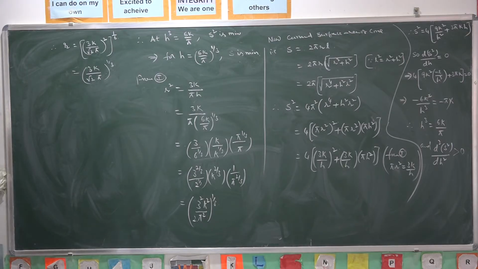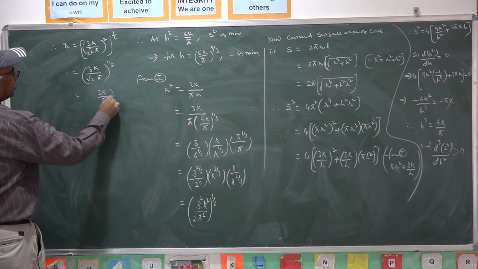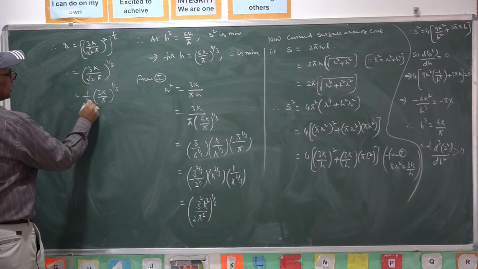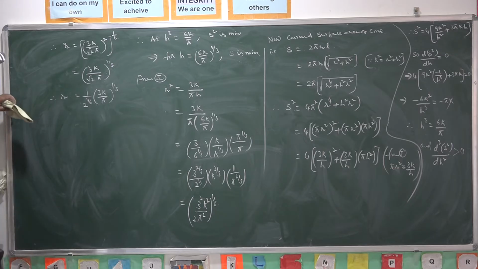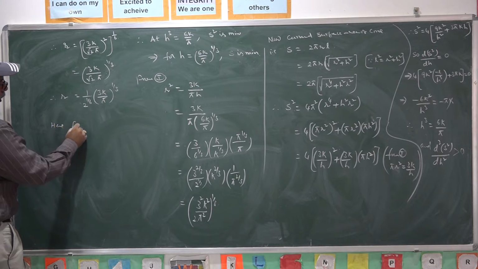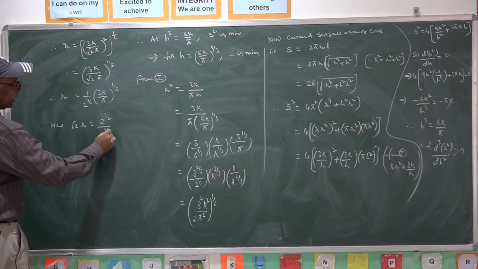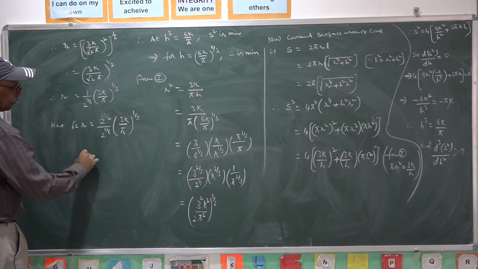The relation between h and r is to be evaluated here. This is 3k by pi whole power 1 by 3 into 1 by 2 power 1 by 6, the r value. Multiplying both sides with root 2 r, root 2 r equals 2 power 1 by 2 by 2 power 1 by 6 into 3k by pi whole power 1 by 3.